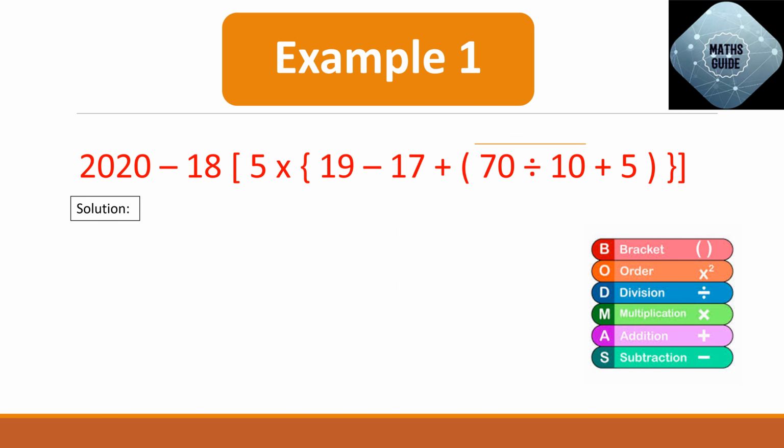This is example 1 and we have some integers with mathematical operations. Remember, we have to solve the brackets. And if we have the vinculum bar, we will solve it first. And yes, here we have a vinculum bar. And within this bar, we have 70 divided by 10. The rest of the question will remain the same and we will solve this part of the question.